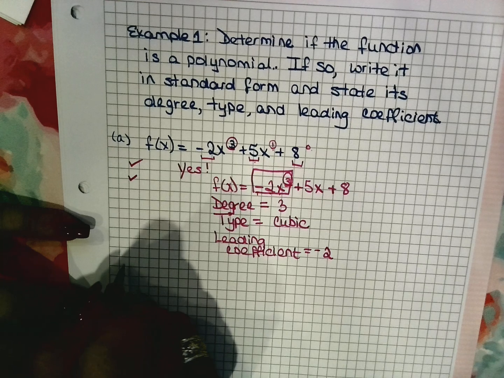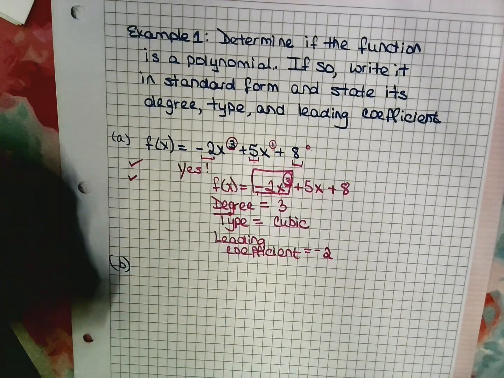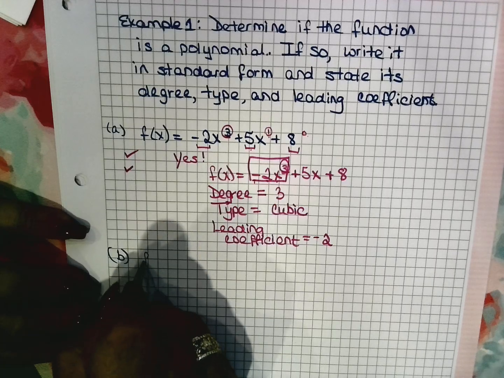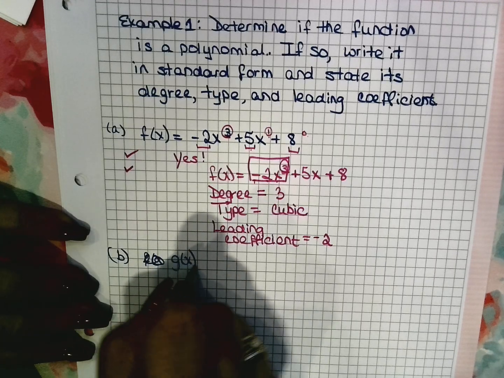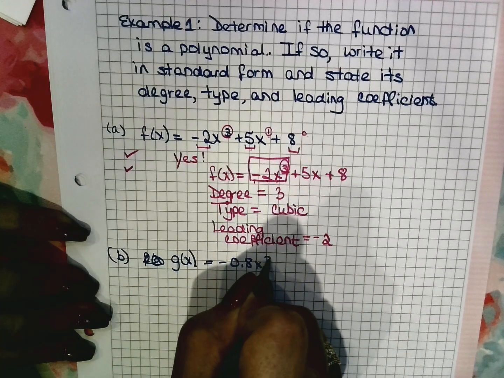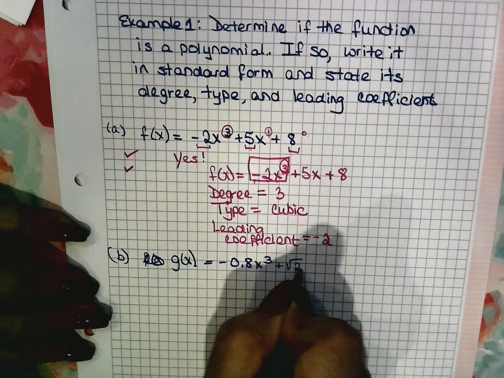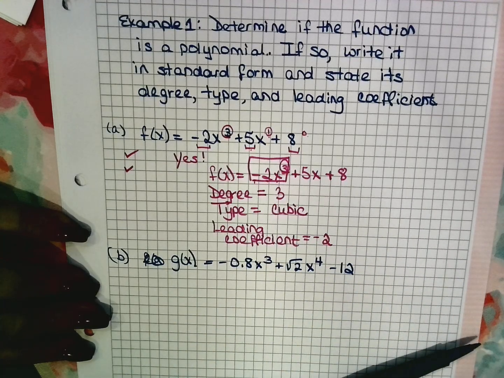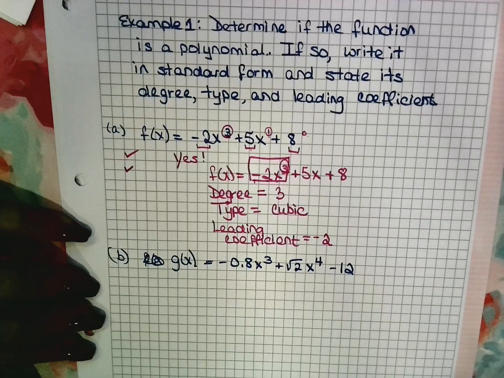Let's take a look at another one. Again, the same questions are being asked, just a different problem. So here we have g of x. g of x equals negative 0.8x to the third plus the square root of 2 x to the fourth minus 12. All right. Again, first question, is it a polynomial or not?